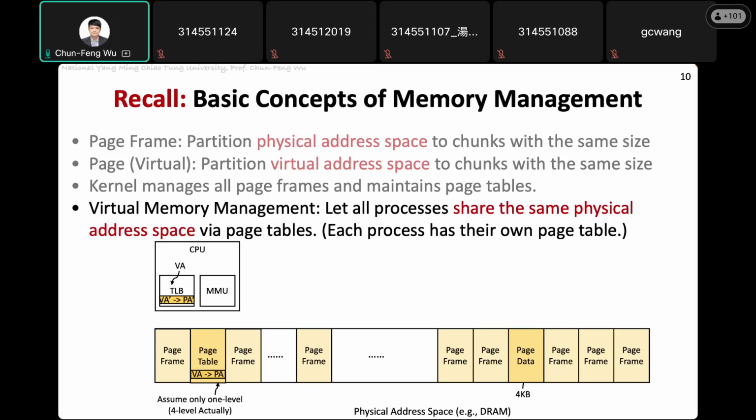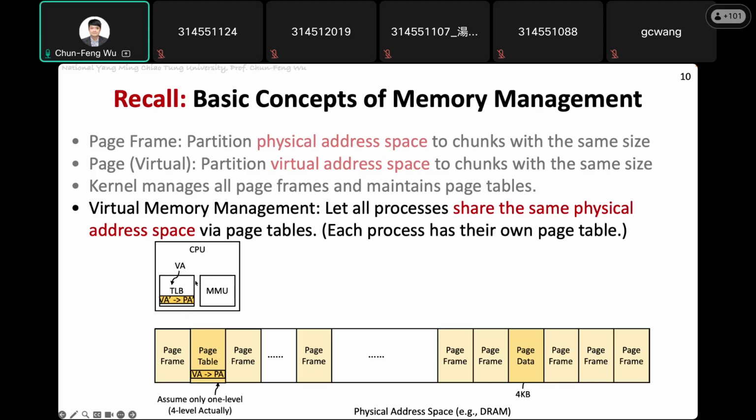Once the system starts to execute your C code or any other code, what the CPU sees is its own virtual address. Address translation happens very frequently, because each instruction needs a translation from virtual address to physical address. So it takes a lot of time to do this kind of translation.